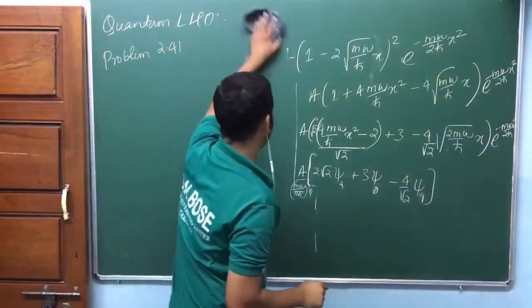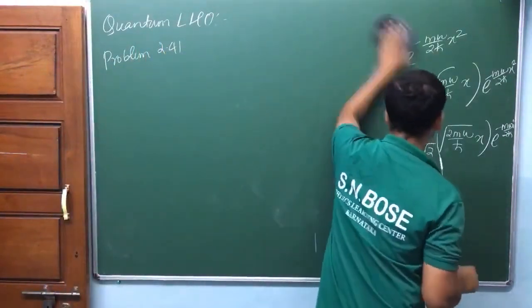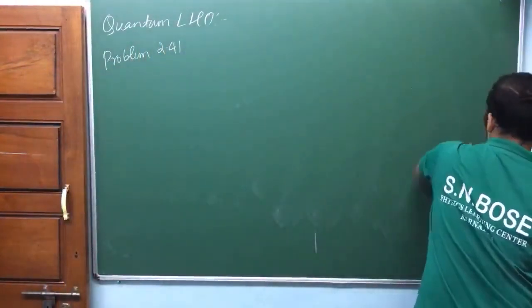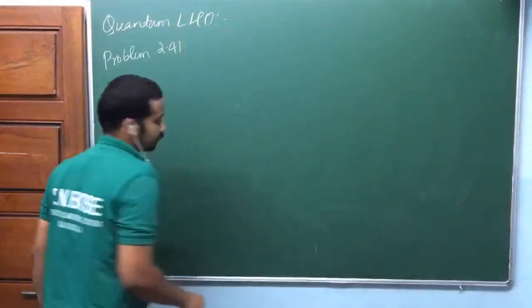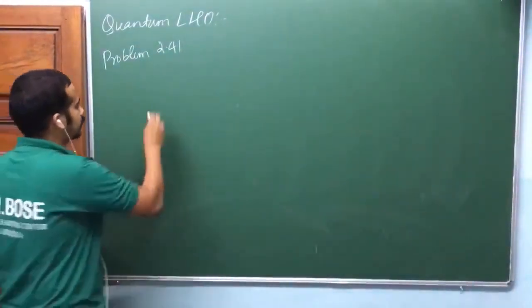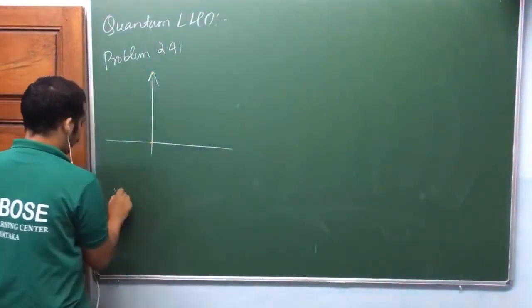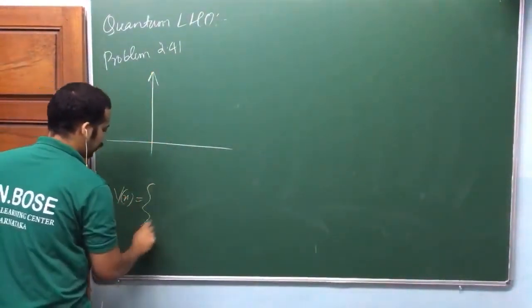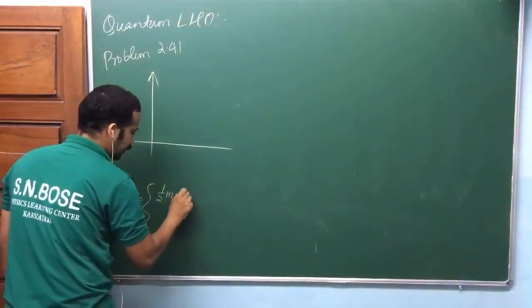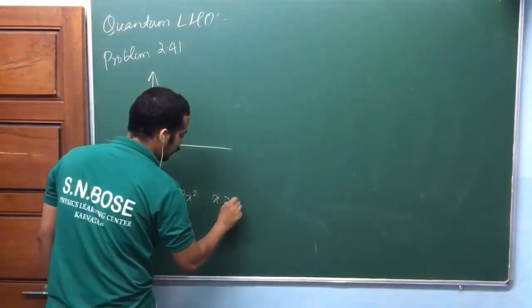This is a qualitative argument, problem 2.41, okay? So he is asking about the half harmonic oscillator, okay? So V of x is equal to half m omega square x square when x is greater than 0.